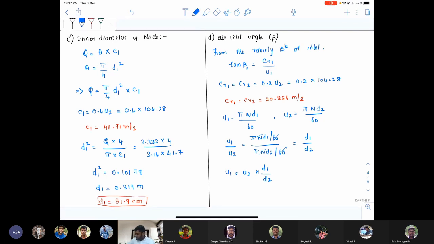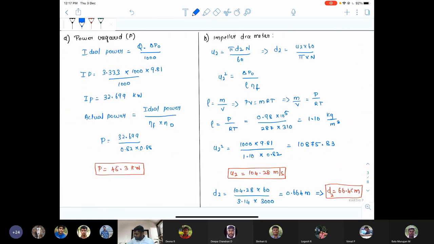Okay, which is nothing but U2 is 104.28 into the value of d1. Actually, we have found it as 31.9 centimeter, divided by the value of d2.